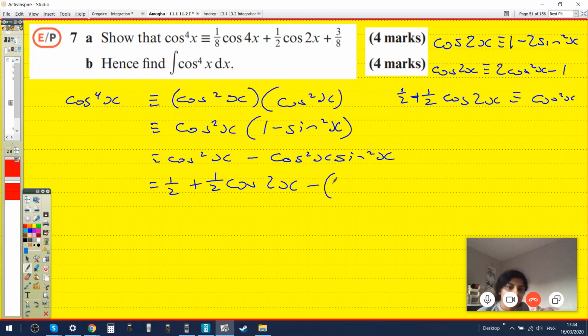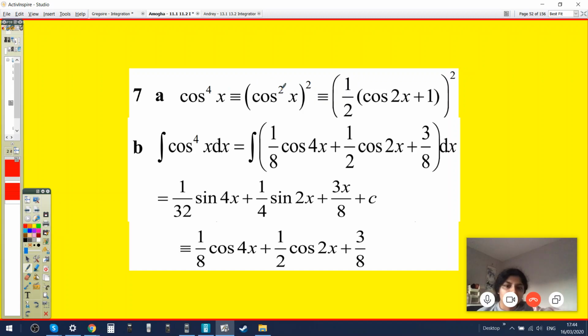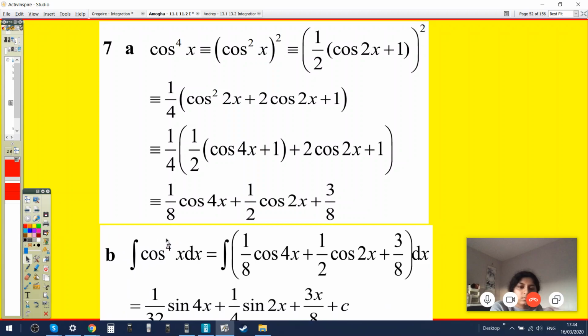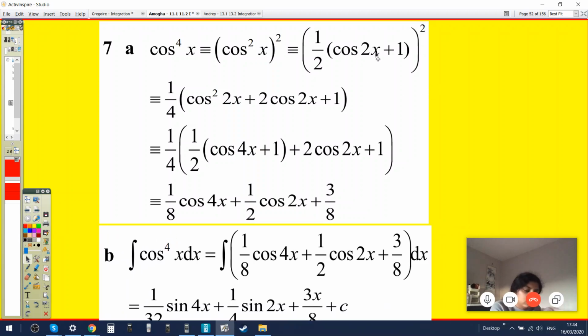But cos 4x might be just cos 2 times 2x. I don't know how to do this. It looks really complicated. A half cos 2x plus 1 all squared. Oh, there we go.